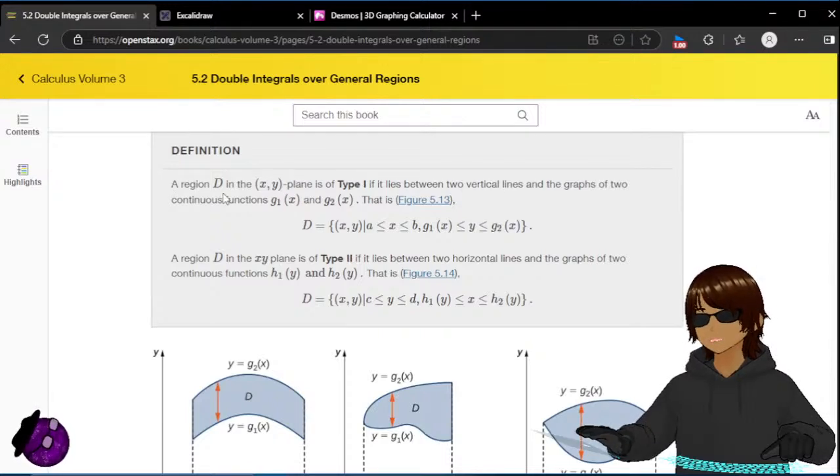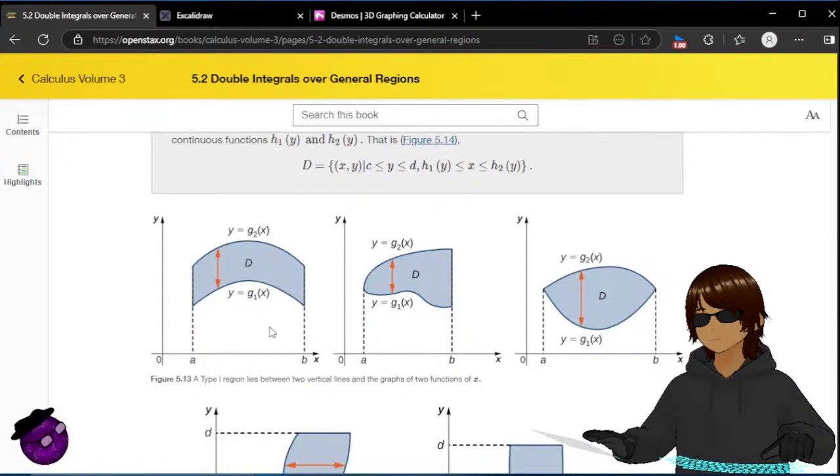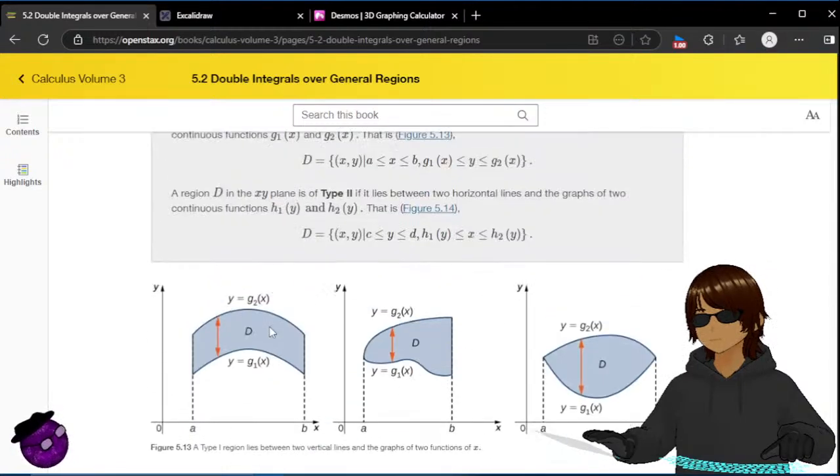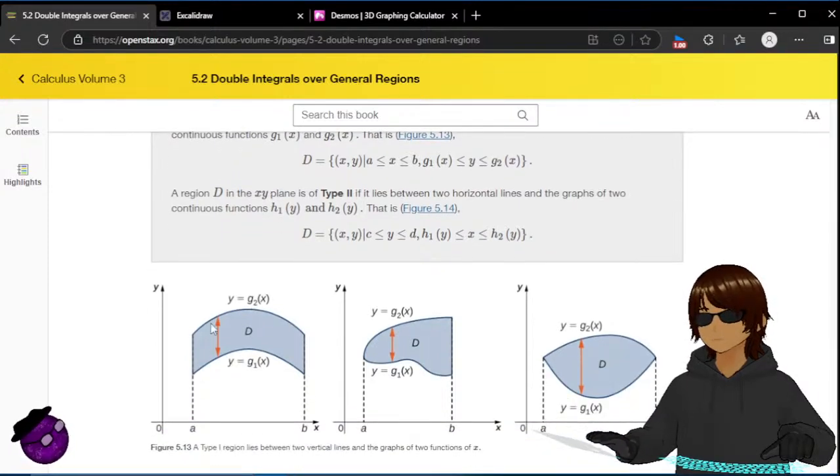A region D in the xy plane is of type 1 if it lies between two vertical lines and the graphs of two continuous functions, g1 and g2.